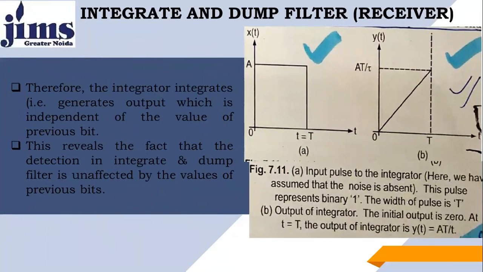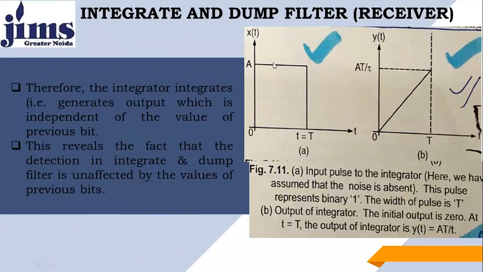Look at the picture again. This is a square pulse, this is the input. In this particular example, we assume that there is no noise in the pulse.